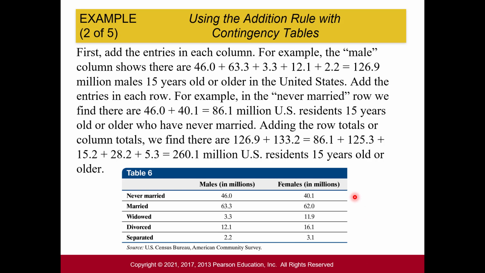For example, for never married, we add the males and females, and we get that 86.1 million residents were never married. We can add all the row totals and all the column totals, and they should be equal. That goes in the bottom right corner, because that's how many people are included in this data. If we add all the rows or all the columns, in either case we get 260.1 million residents.